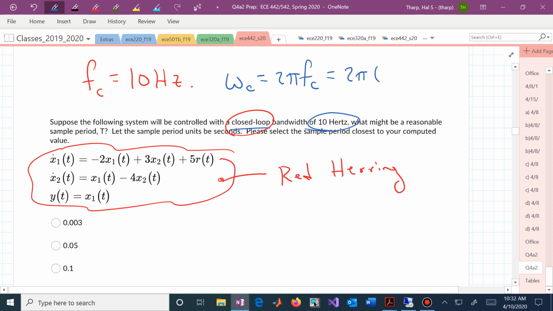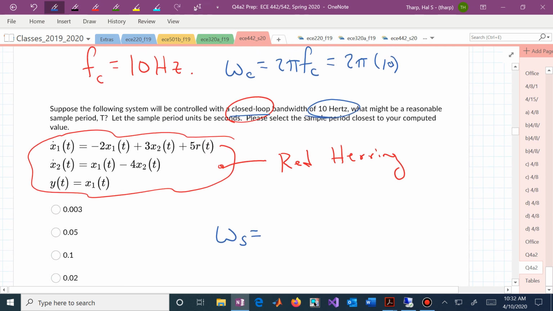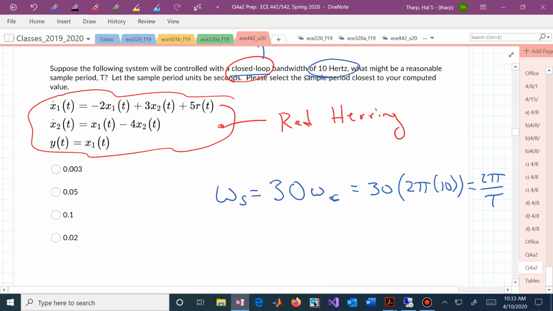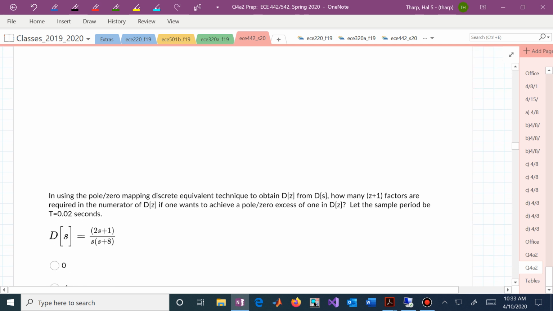This is now 2 pi times 10, and in fact the sampling frequency that we're using in this class is 30 times the highest frequency, and this is now the highest frequency, omega c, so this is now what we would be setting equal to 2 pi over T, which is our omega sub s, and you can now solve that for capital T to find a sample period that you want that's reasonable.